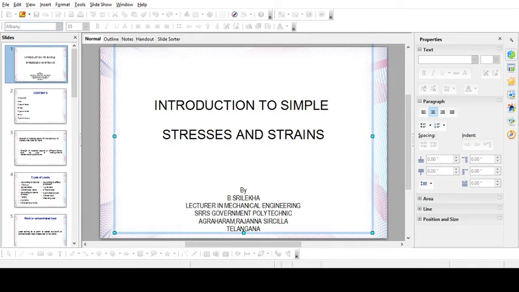In case of tensile strain, it will be increase in the length. Say initially the length is L. After applying the load, it will be increased by a value of delta L. Change in length will be final length minus original length.